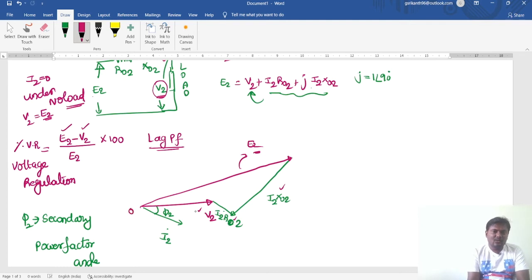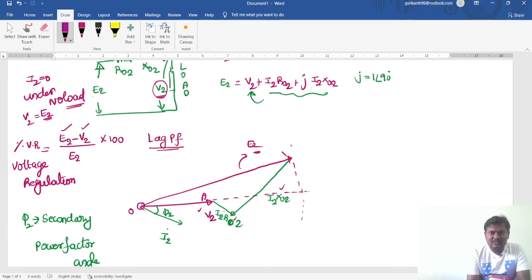Let's say this is OA and extend this line, and from this point O draw an arc to the E2 line.